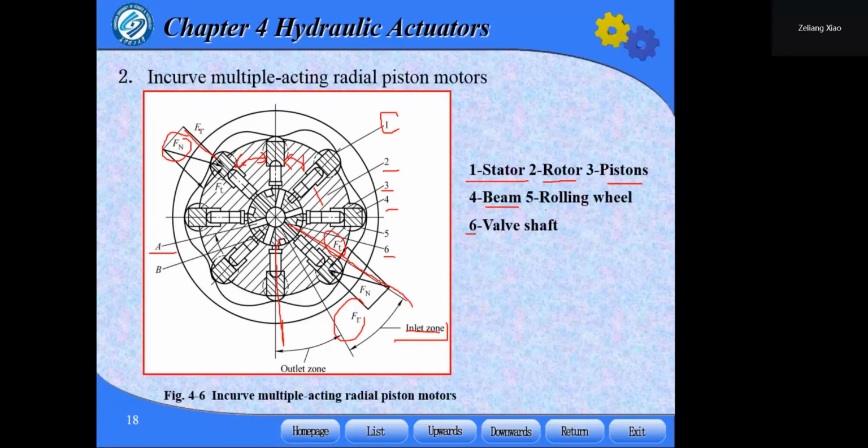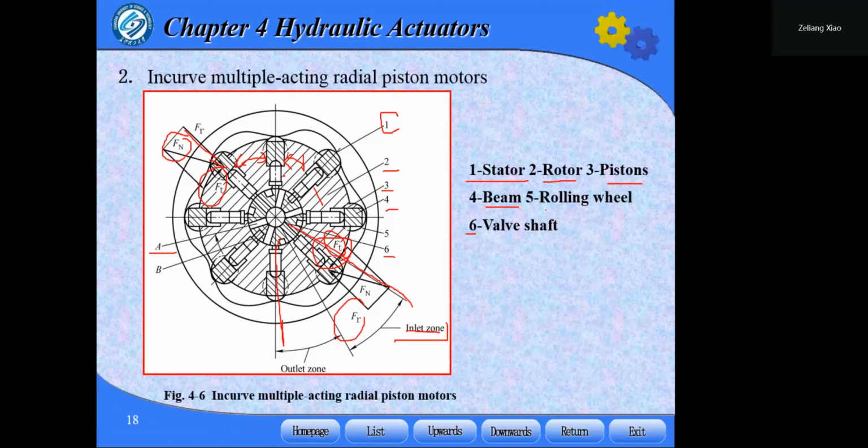And the FT, in the action of FT, develops a torque at the shaft through the beam.